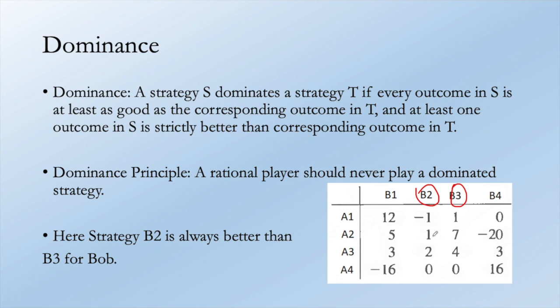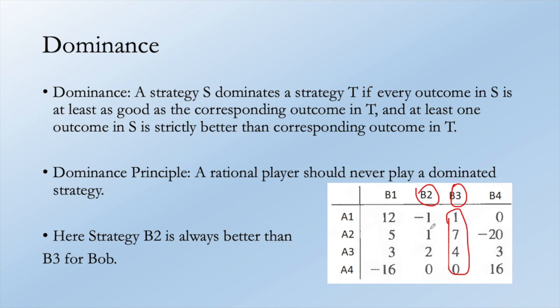For A2, B2 is a better option. A3, B2 is a better option. A4, B2 is at least a similar option. So along this whole column, this value is always better or similar to this value. So we say that strategy B3 is dominated by strategy B2.